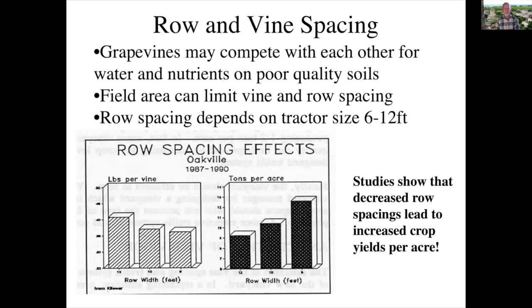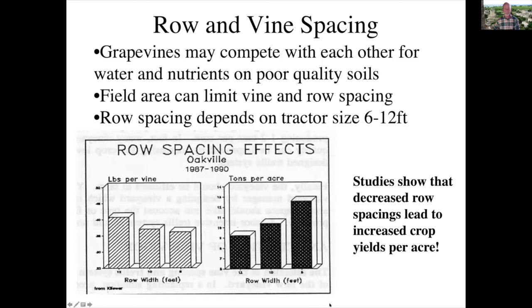The row and vine spacing, however, can be limited by the field area that you have to plant in. And row spacing may depend on the tractor size, usually between 6 and 12 feet, depending upon the type of tractor that you have.